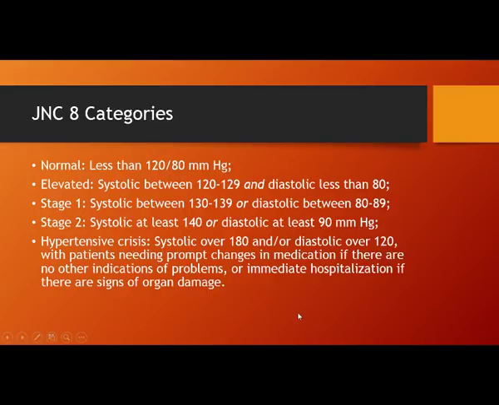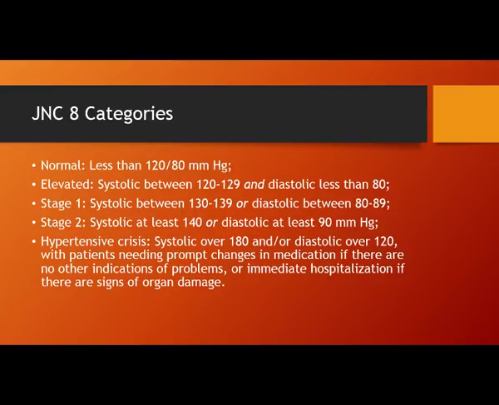The book has various categories of pre-hypertension. The latest guideline eliminates the idea of pre-hypertension. Now they are saying normal is less than 120 over 80. Elevated, they're calling anything 120 to 129, and the diastolic has to be less than 80 as well.